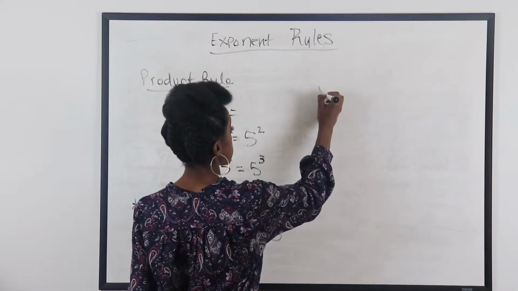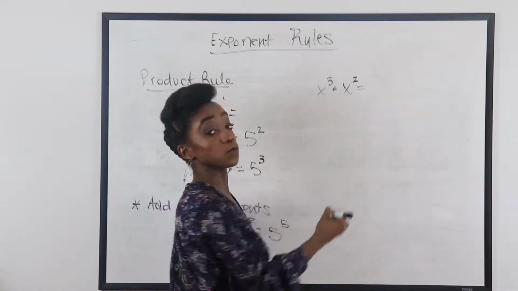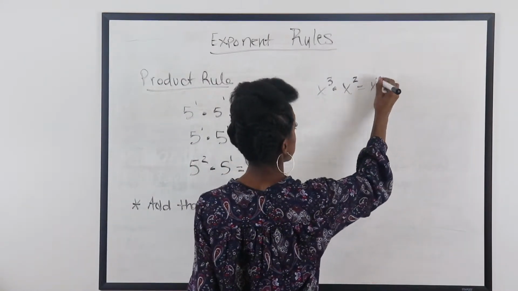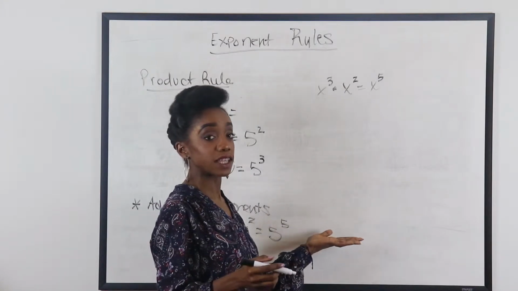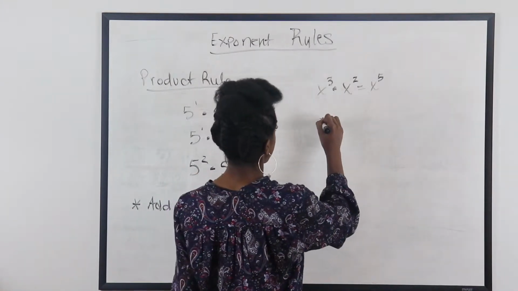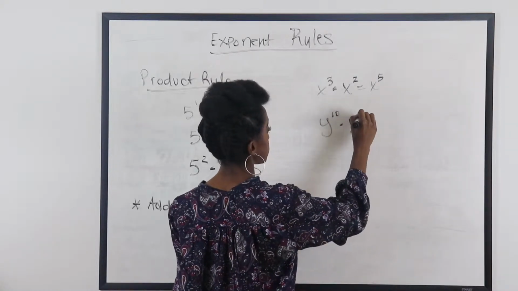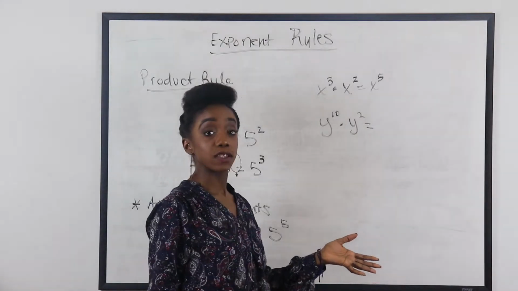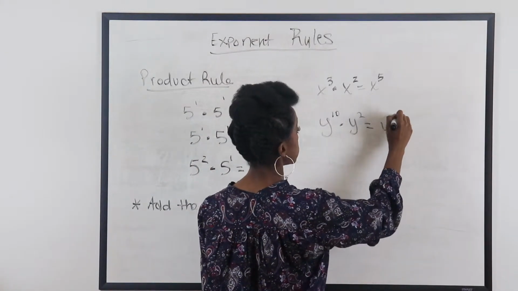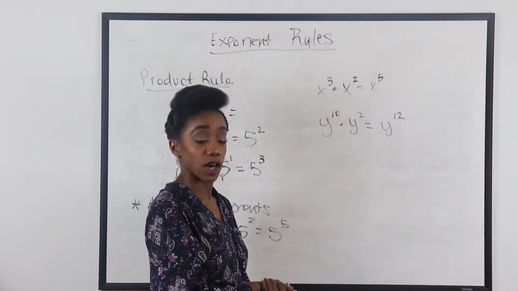Suppose we have x to the third times x to the second. We end up with x to the 5th power. Suppose we have something like y to the 10th times y to the second. Of course, you guys know if we're following the same pattern, we end up with y to the 12th. Alright, because 10 plus 2 is 12.